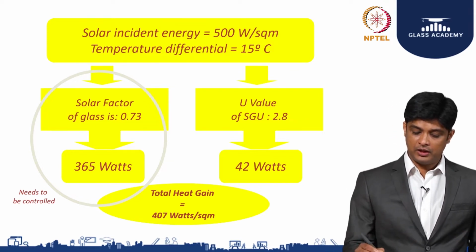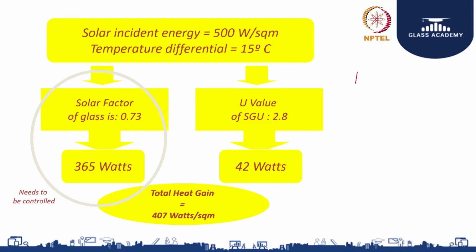When I have to calculate the relative heat gain, which is called RHG, it is the solar factor into solar incidence plus U value into delta T. In this case, the solar factor is 0.73 and my solar incidence is 500. So 0.73 into 500 is 365. Similarly, I have a delta T of 15 and U value of the glass of 2.8, which gives 42. The sum of these will become the total envelope heat load.